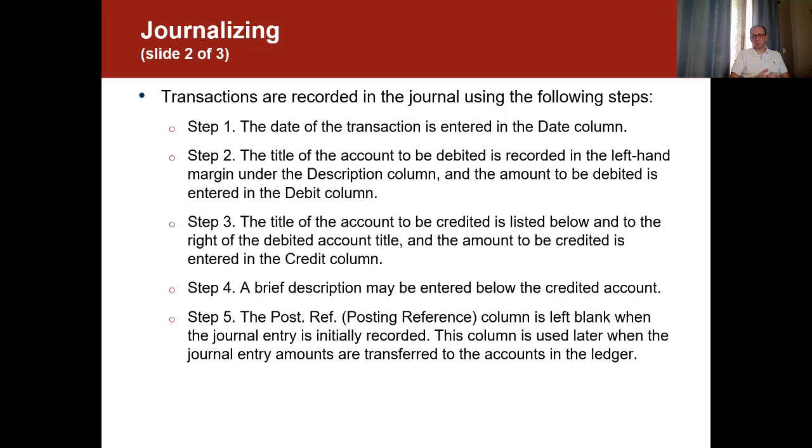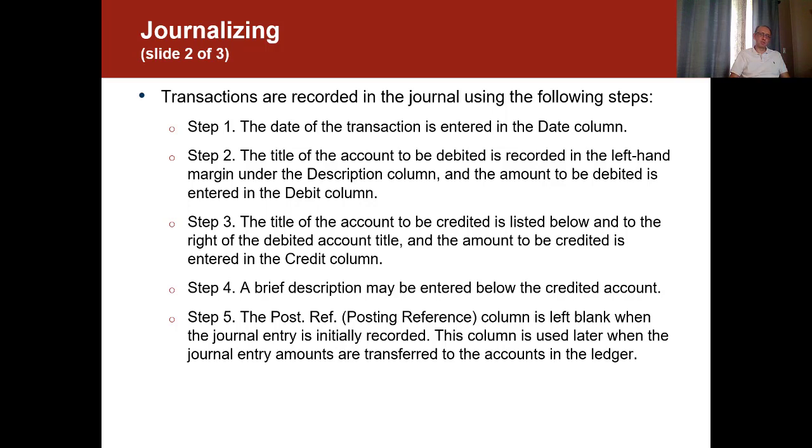And then the second step, the title of the account to be debited is recorded on the left-hand margin under the description column, and the amount to be debited is entered in the debit column. Then we do the same thing for the credit account. And then in step number 4, a brief description may be entered below the credit account. And the last step, the post-reference column is left blank until the journal entry is posted to something called a ledger. And we'll get to that.